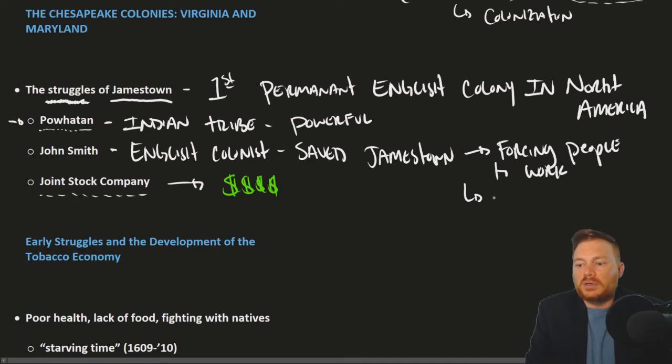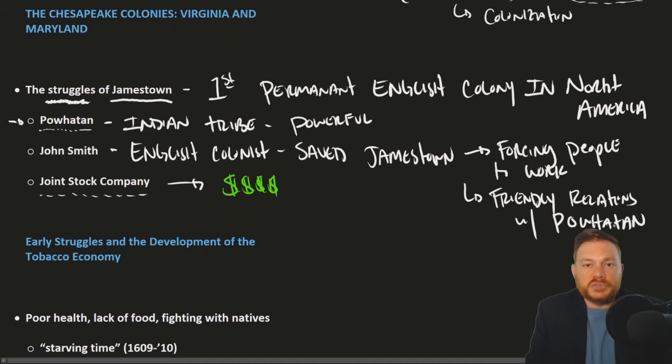So maybe created friendly relations with the Powhatan, recognizing that at least at this time, the Jamestown colonists were really no match for the Powhatan Indians. And so it was because he forced people in his own colony to work, and then he recognized that friendly relations were necessary, the Jamestown colonies could survive.